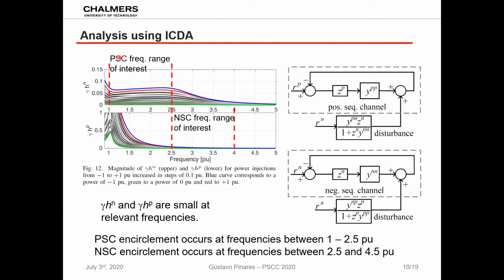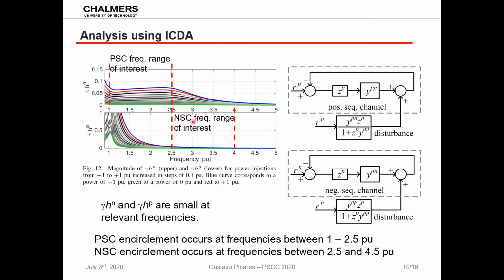For the positive sequence, we said that we are interested in the frequency range of +1 to 2.5, and we can see that this term is actually very small for this frequency range of interest. So this means that this channel can be approximated by this instead of the larger expression we had before.